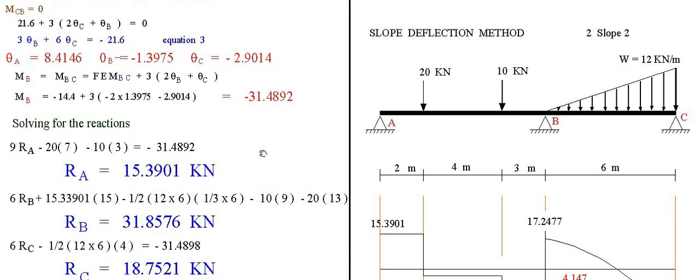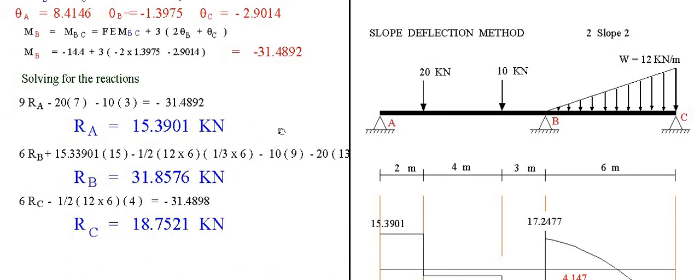Now solving for the reaction, we have cut section to the left here at B, then consider the left of the cut section AB. I want to solve RA. So moment at B is minus this 31. Moment on the right is negative.